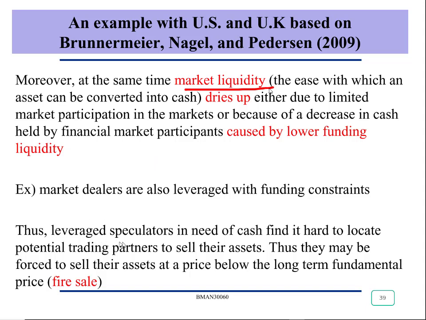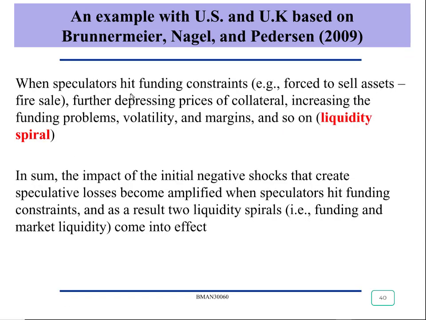Thus, leveraged speculators in need of cash to meet the margin call find it hard to locate potential trading partners, buyers. Thus, they may be forced to sell their asset at a price below the long-term fundamental price. Again, fire sale. In summary, when speculators hit funding constraint, they are forced to sell their assets to pay back their borrowing, fire sale, and it will depress market price further.